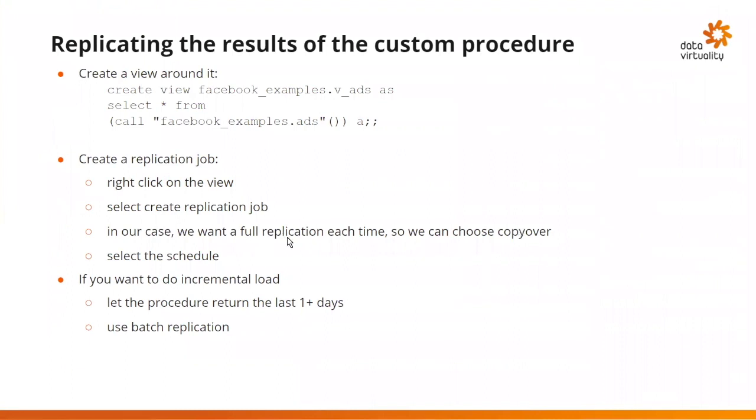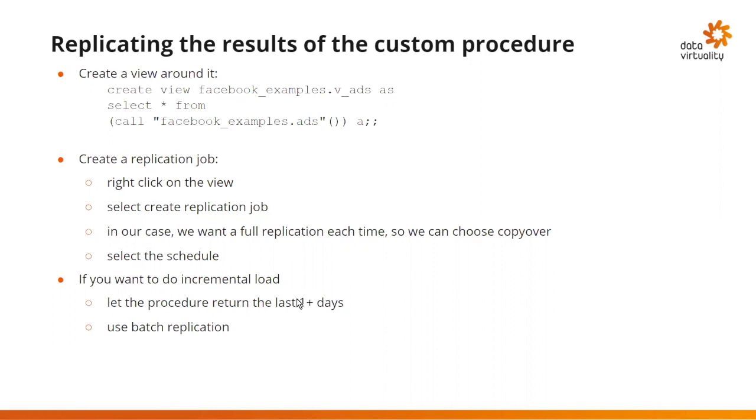So I choose copy over, I selected the schedule, and of course, this is a very simple example, right? It just lists the ad accounts. But if I want to do an incremental load later, what I can do is put the procedure in such a way that it would return the last days.